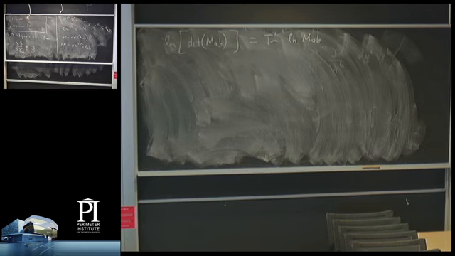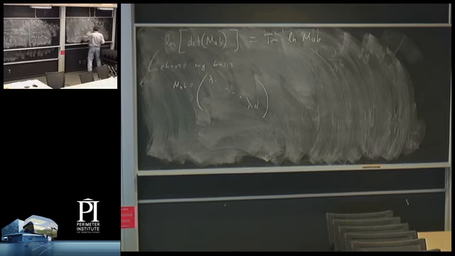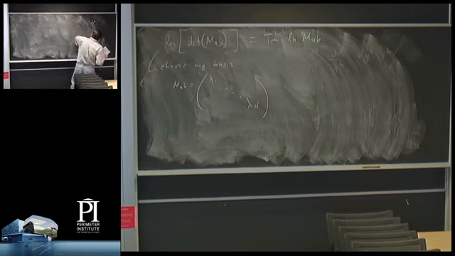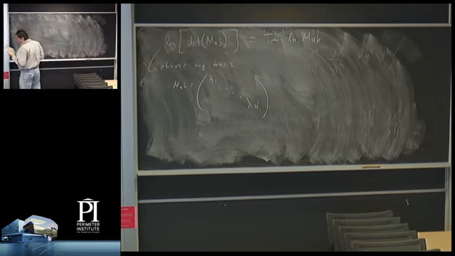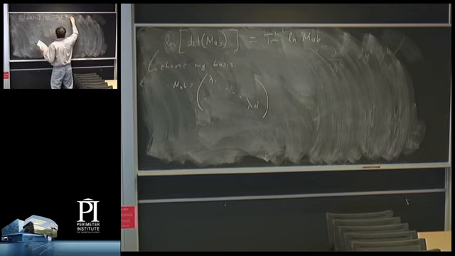Well, first of all, let me remind you of a nice identity. If I have log of the determinant of M_AB, it is the same as the trace of log of M_AB. All these traces and determinants tell me that the results are invariant under how I choose my basis.